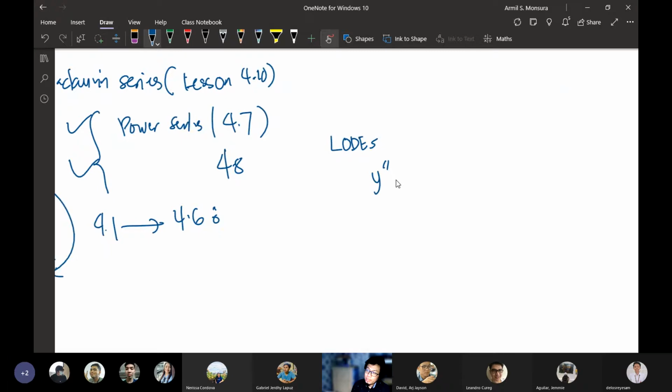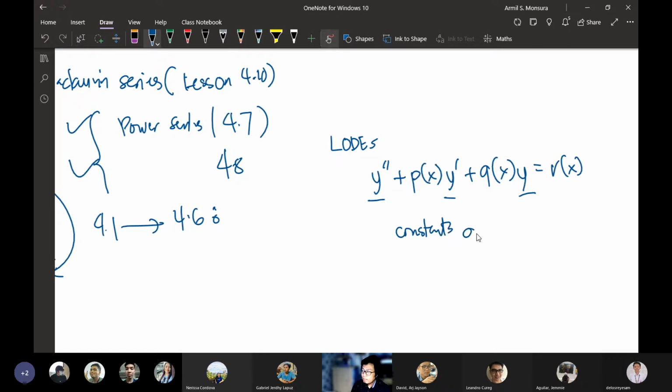So we know that an equation would be linear, okay? If the coefficients of your independent variable and their derivatives, yung coefficients nito at saka nito, okay, are either constants or functions of the independent variable.